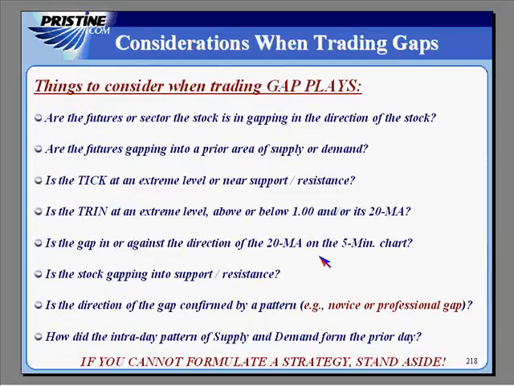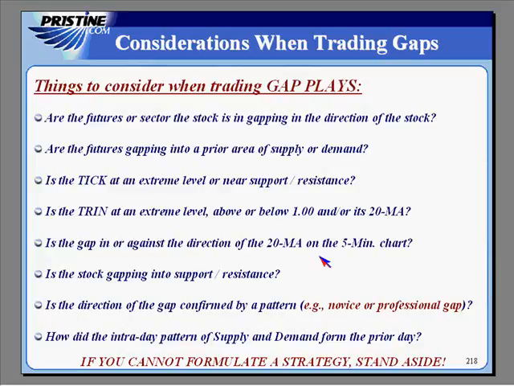No, the trading in the direction of the 20 MA on the 5-minute chart doesn't necessarily say whether it's a pro gap or a novice gap. What we're looking at is its relationship based on the 5-minute time frame and putting that in the context of the daily. The daily time frame is what would tell if it's a novice or pro gap.